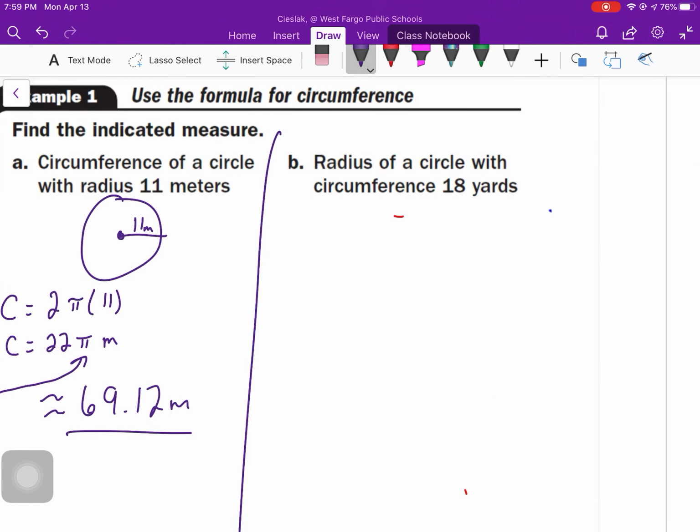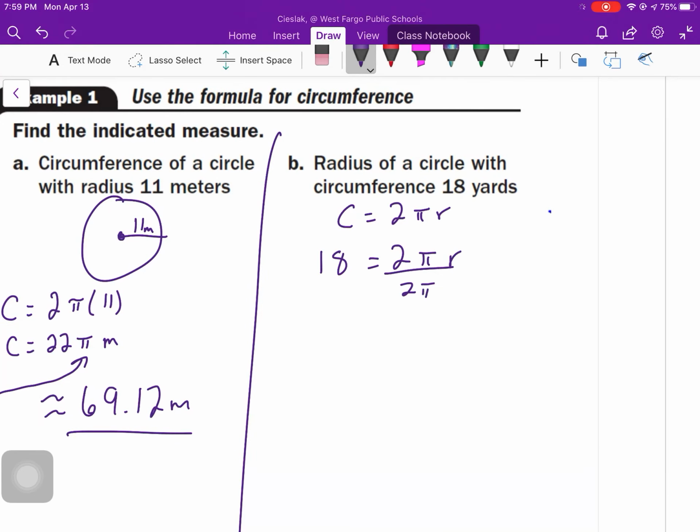Okay, my next one, find the radius given that the circumference is equal to 18 yards. So circumference is equal to 2 pi r. I know my circumference is 18. I'm trying to find the radius. So I'm going to get r by itself, divide both sides by 2 pi.